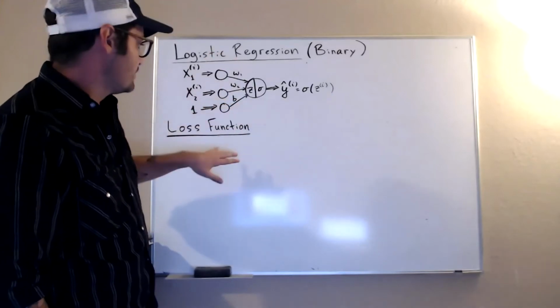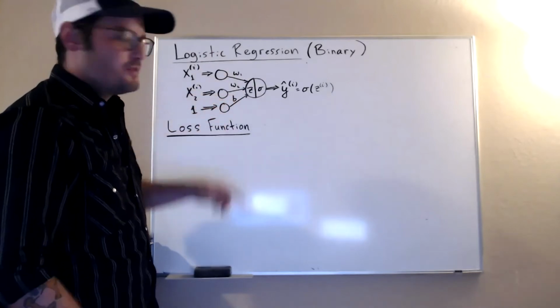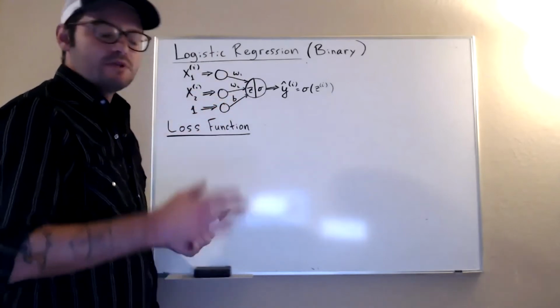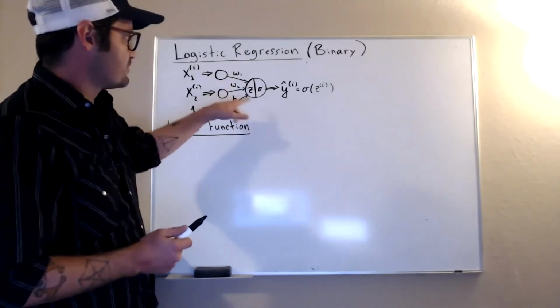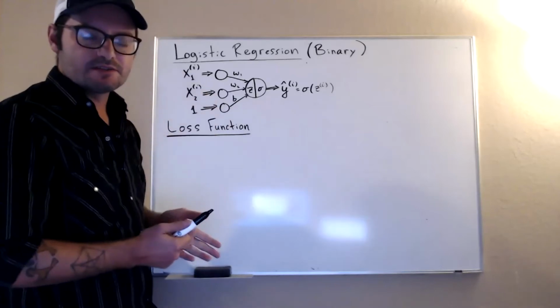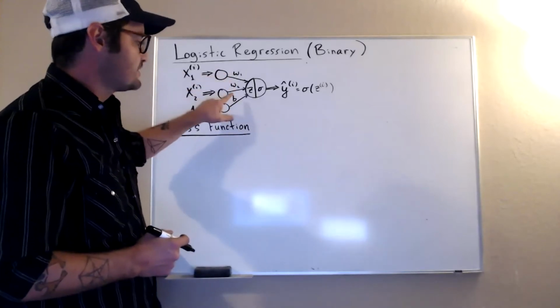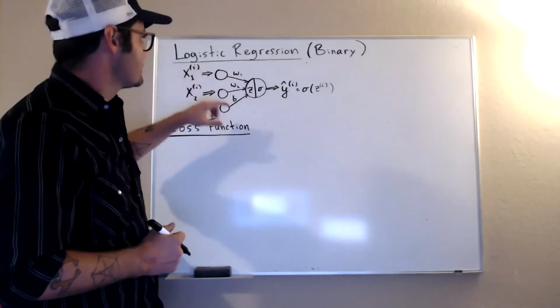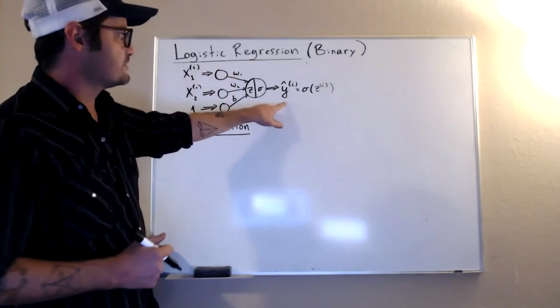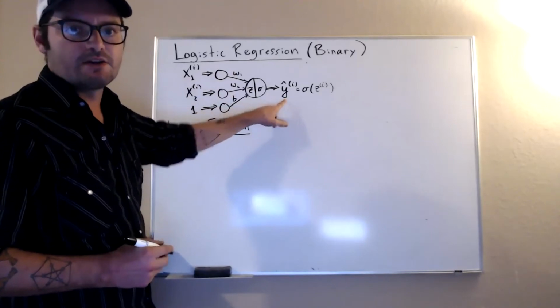So our next goal is to write a function in terms of the weights and the bias that if we minimize, makes the predictions, the hypothesis that we make, better on the training data set. So our goal is to write a loss function in terms of the weights and biases that if we minimize, we'll be minimizing according to this being close to the actual desired output.